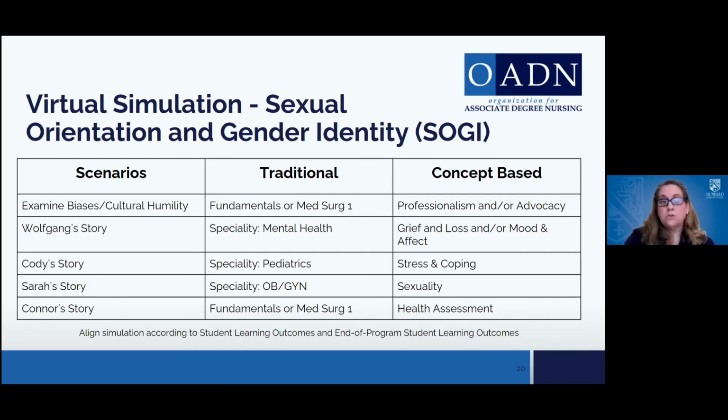And then Connor's story, with that scenario, would probably be best placed in health assessment, which would be in the 1st semester, or what traditionally would be called fundamentals. So these are some examples of how you can lay out SOGI across the curriculum. So there's that thread of DEI throughout.